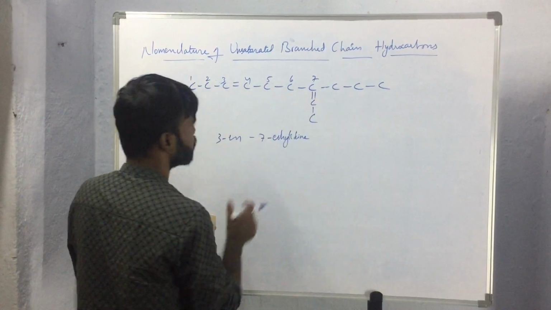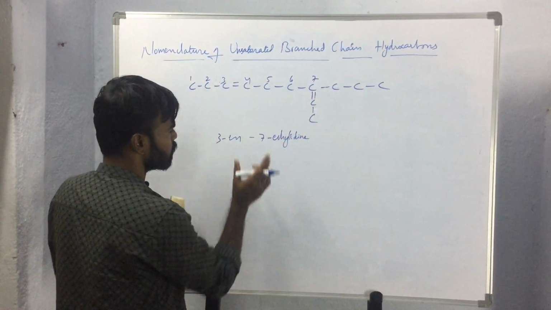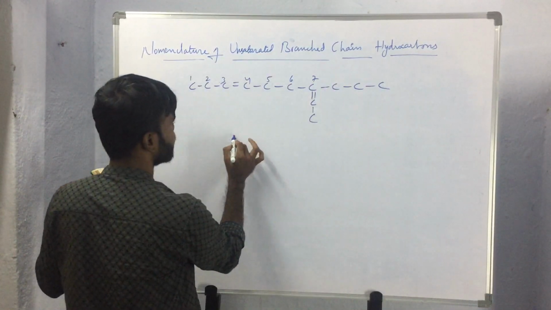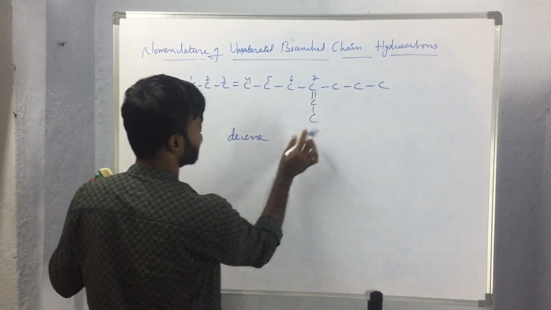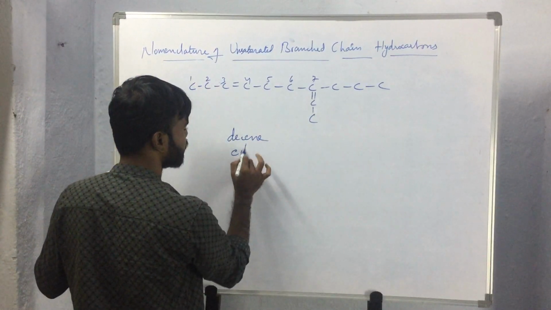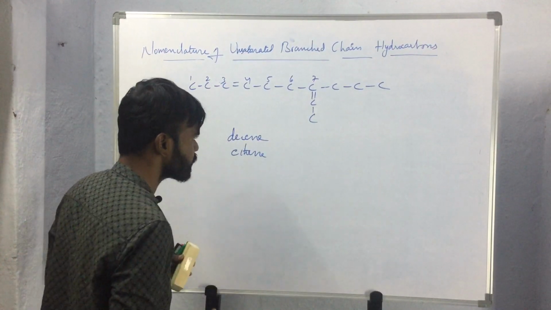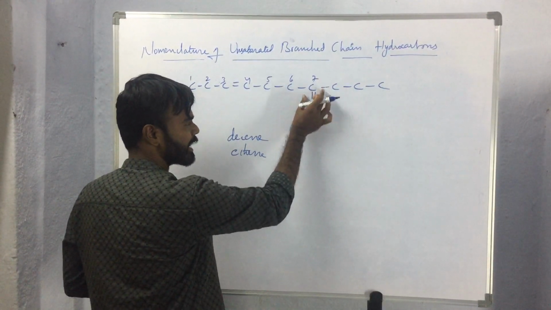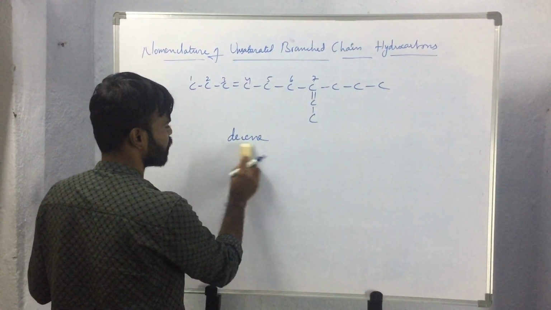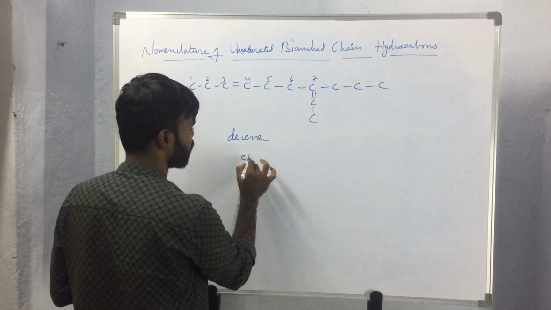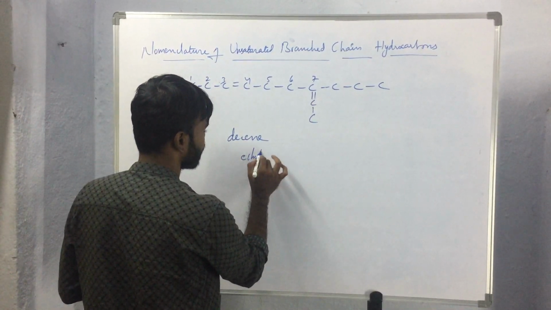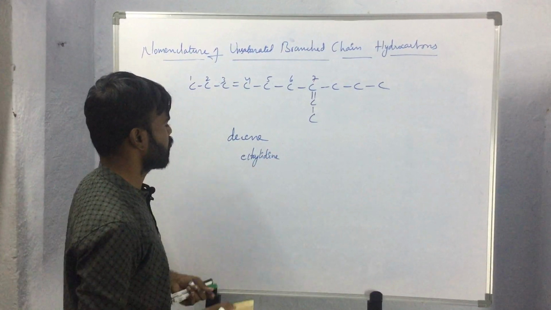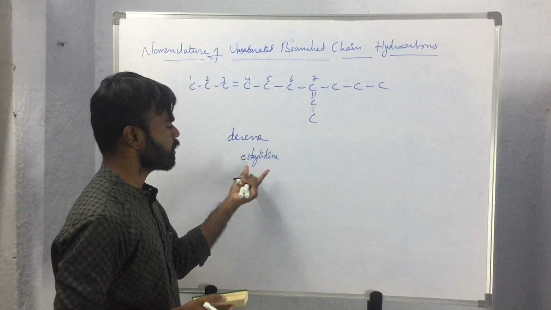We know these rules very well. So like this we will be naming the compound. The name of the parent chain will be decene and the side chain is ethene, but here the unsaturation is directly attached to the parent chain, so we will be writing the name as ethylidene.